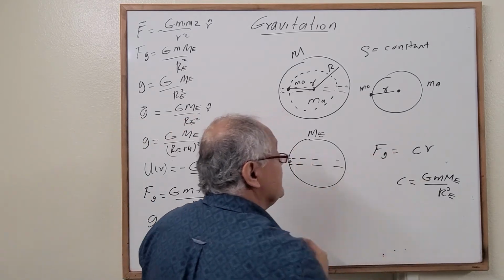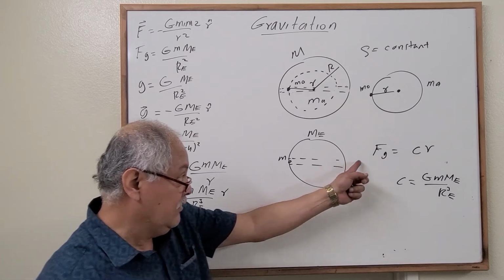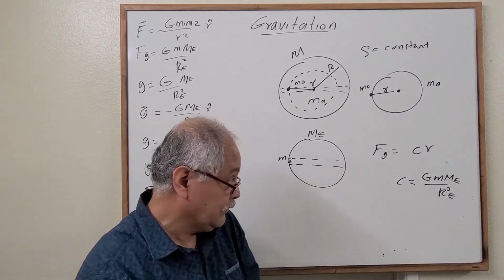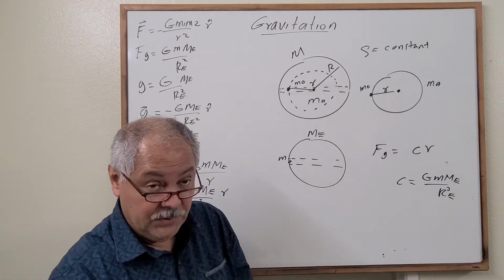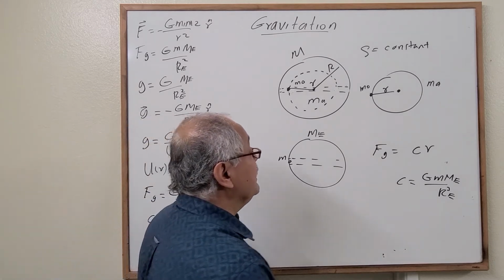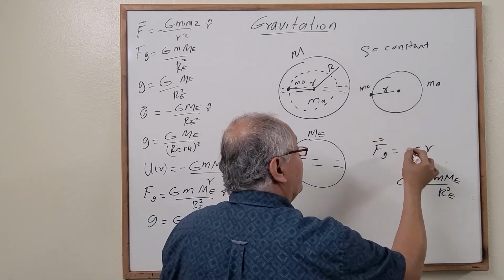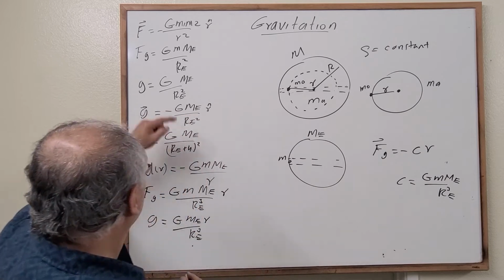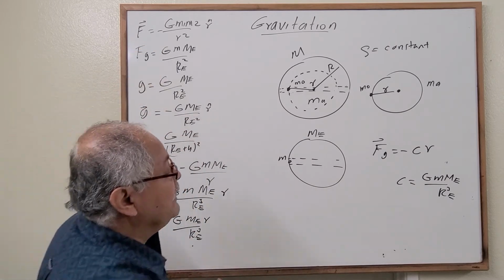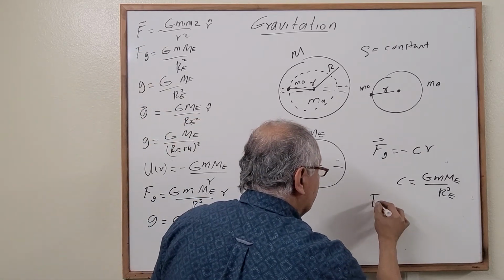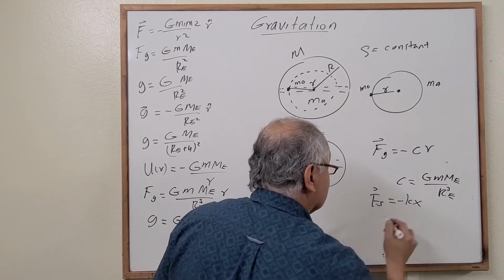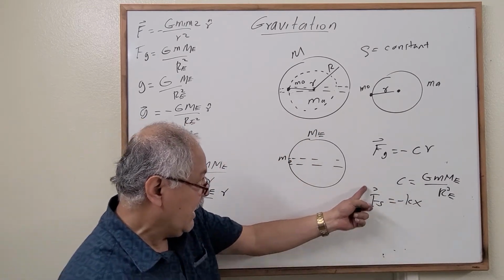The point is that this is the behavior of the force inside of the Earth. But look, in general, if we're dealing with force, it's going to be negative. Perfect. But we compare this to the spring force equal to negative kx. Look, they have the same form.